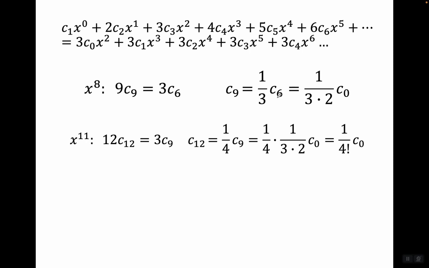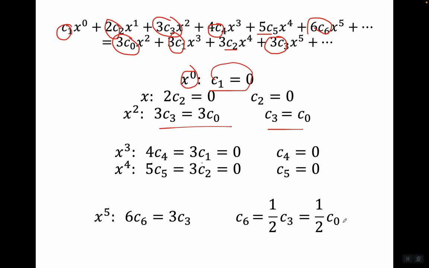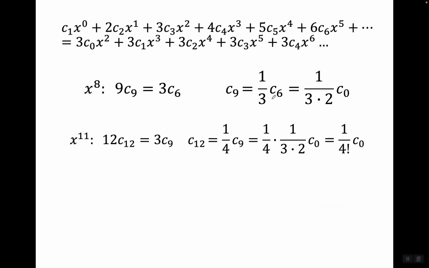As we saw, c6 is half of c0, so 1/3 of c6 is 1 over 3 times 2 times c0. Similarly, when you look at the coefficients of x to the 11th, you get 12c12 equals 3c9. Divide both sides by 12, and you get c12 equals 1/4 c9. c9 was 1 over 3 times 2 times c0, so we end up with 1 over 4 times 3 times 2, also known as 1 over 4 factorial times c0.